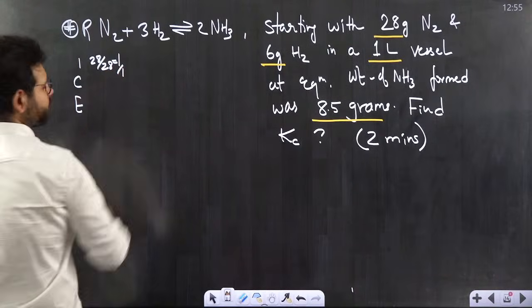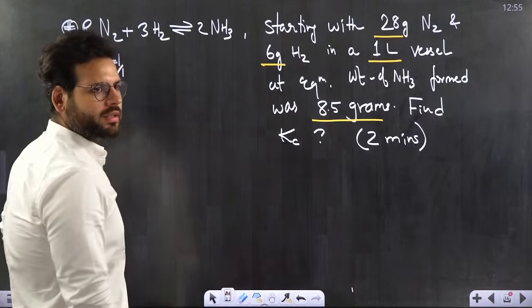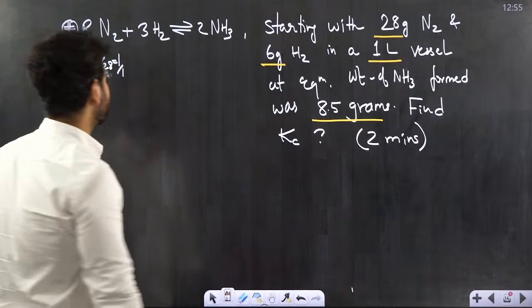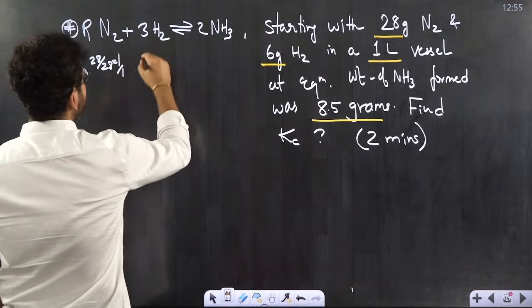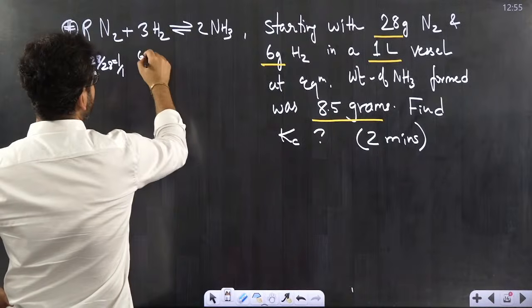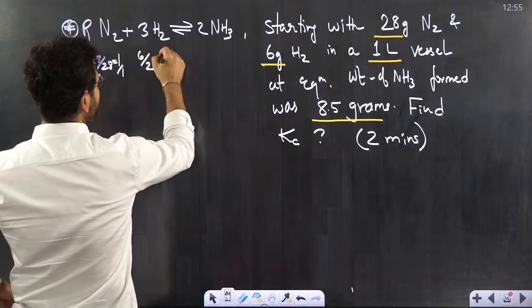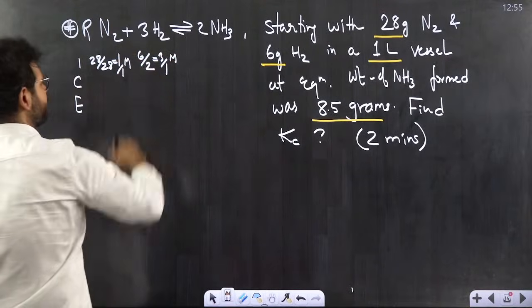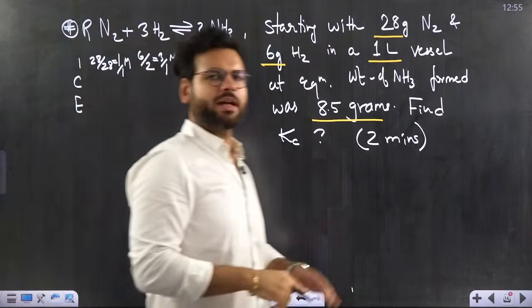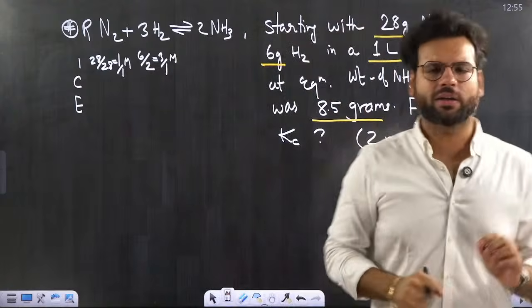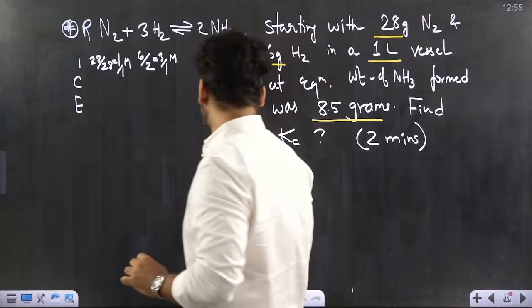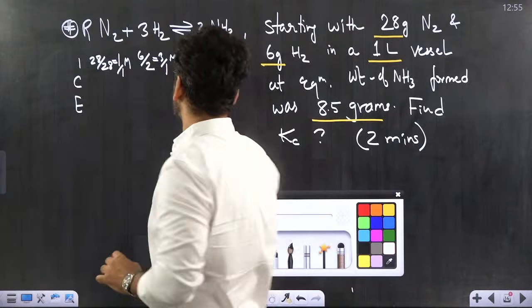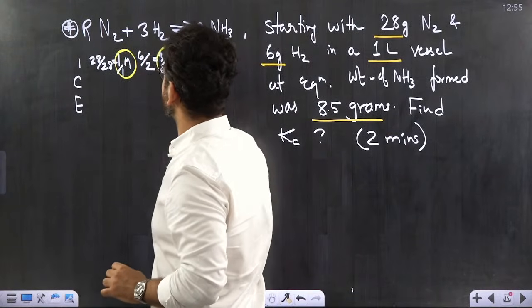So 1 by 1. Hydrogen we took 6 gram. Molar mass is 2. So 3 mole. 3 by 1. So 3 by 1 and 1 by 1. What I have done here is I have found the moles and divided by the volume. So moles of nitrogen taken is 1 mole per liter. Hydrogen is 3 mole per liter.